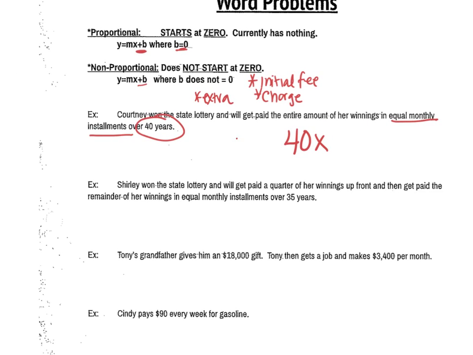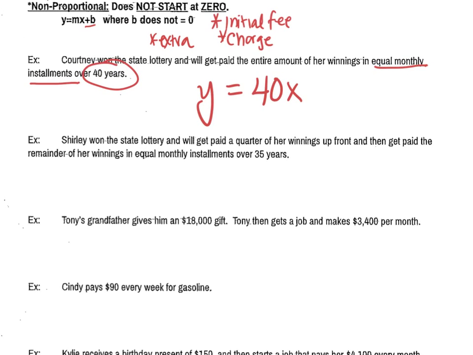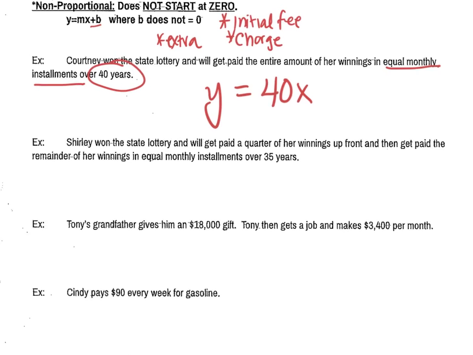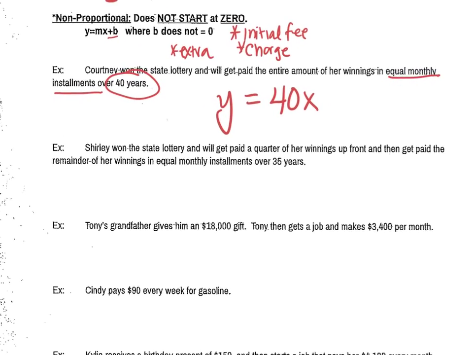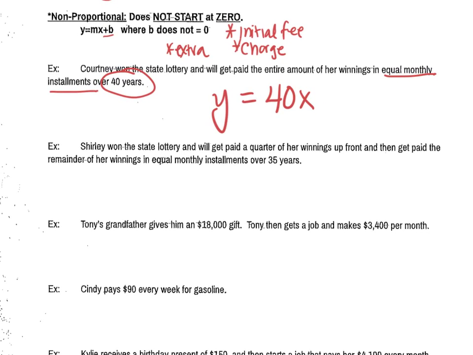So y equals 40x. They're not going to give her a flat sum and then $40. They're just going to give her the same amount of money for 40 years. So that would be proportional.